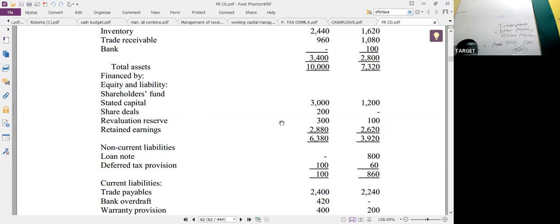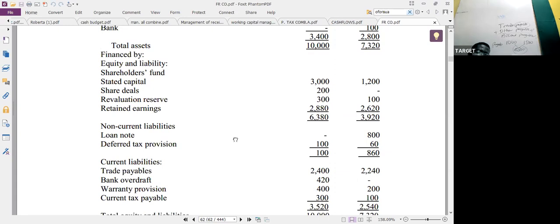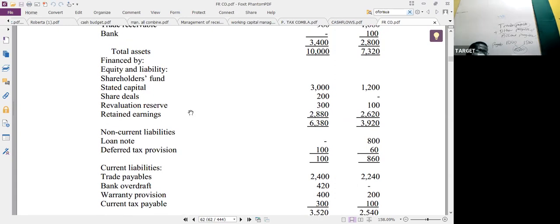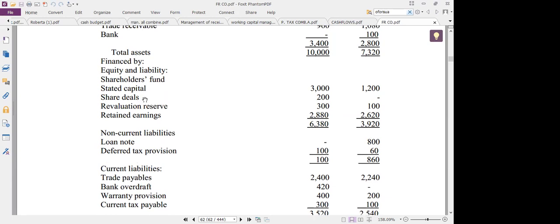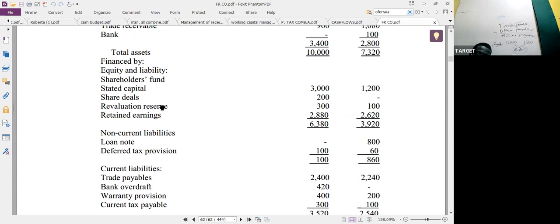So it goes to the PPE acquisition. The revaluation reserve goes to PPE acquisition. Share deal goes to financing activity as an inflow when it increases. When it decreases, it becomes an outflow, but it will always increase. Simple. And we are done.